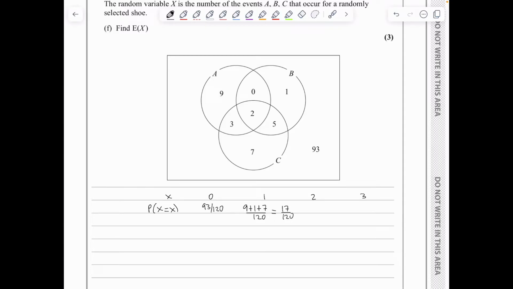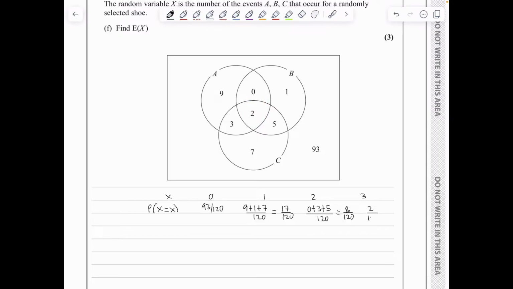Now for 2 events, it's the 0, the 3, and the 5. So 0 plus 3 plus 5 over 120, which gives an answer of 8 over 120. And finally, for 3 events, it's simply the intersection between A, B, and C. So this is 2 out of 120.